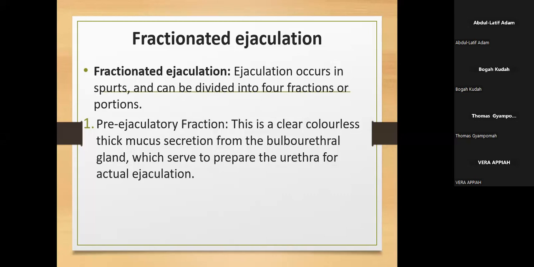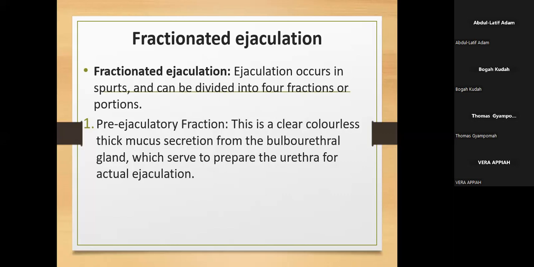You call them spurts, coming out in spurts. The same thing happens with human beings. When you are ejaculating, it doesn't flow like a stream of urine. It comes in spurts, and we say that they are fractionated.